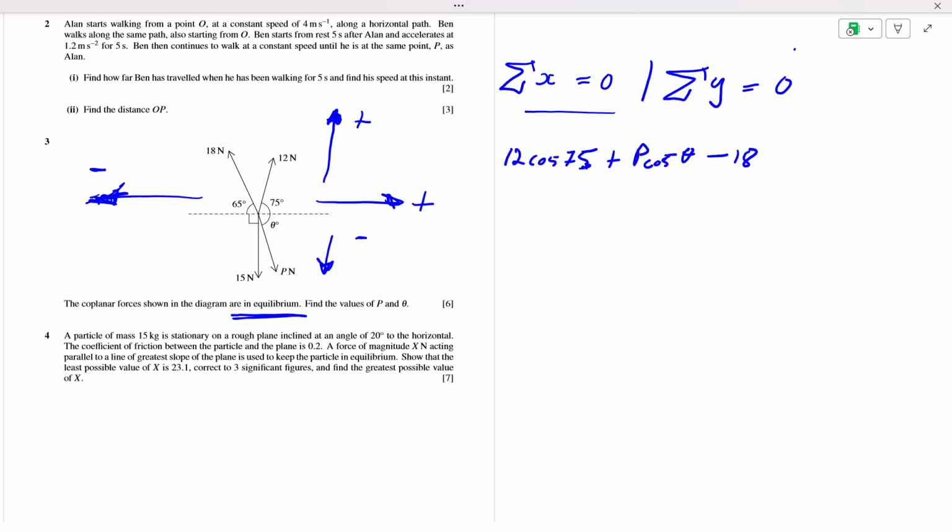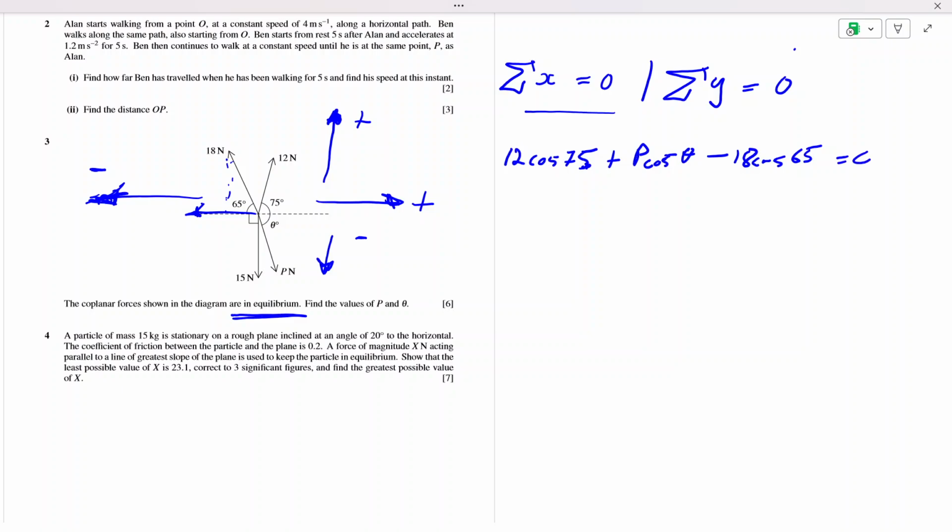It's acting in the opposite direction. If I resolve the 18 Newton force, it's 18 cos 65, and if I resolve the 15 Newton force, it has no horizontal component. It's going to be 15 cos 90, and cos 90 is just zero, right? So I won't be including the 15 Newton force because it doesn't have a horizontal component.